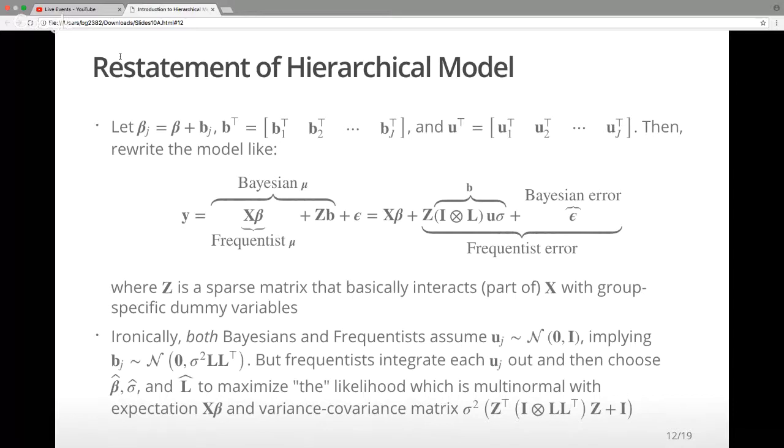Bayesians take these two terms here to be the conditional mean, and what's left over is the error. So Bayesians are conditioning on X and Z, while frequentists are only conditioning on X and letting this Z business go into the error term, which induces dependence within group in the errors. Rashika, you had a question?